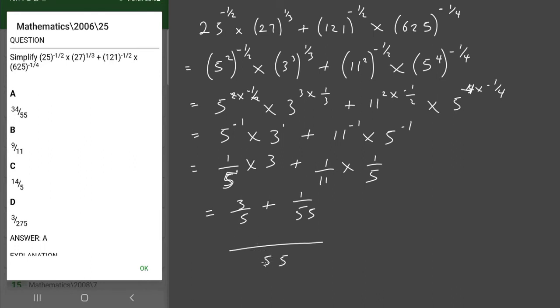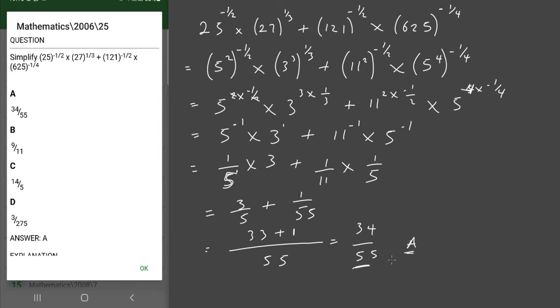Then 5 in 55, that's 11. 11 times 3, that's 33, plus 55 in this, that's 1, times 1, that's 1. So the answer becomes 34 over 55. So option A is the right option.